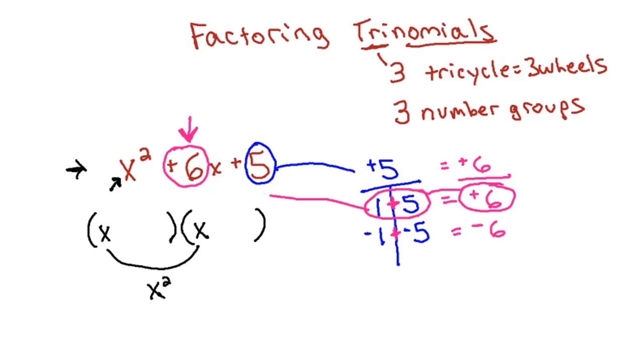And we're going to put those in the end of the parentheses up here. So let's try a 1 and a 5. And they're both positive numbers, so I'm going to put a plus right here. So we have x plus 1 times x plus 5.